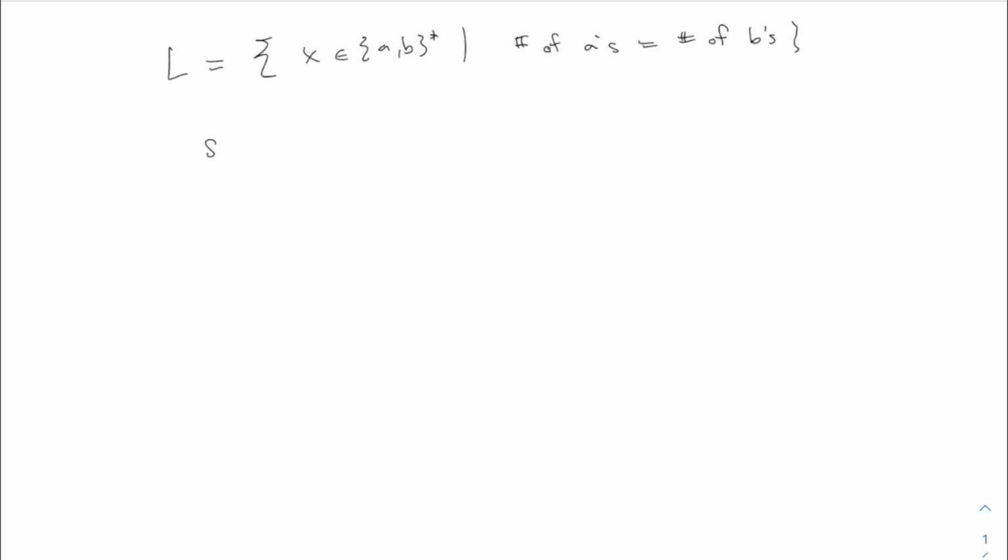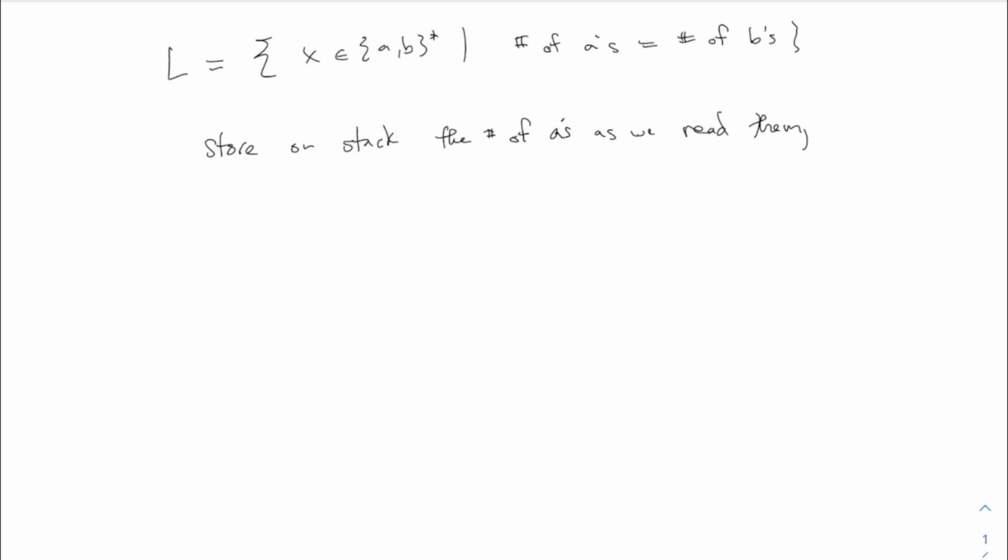So store on the stack the number of a's as we read them. And then as you read a b, you cancel out one of the a's that you stored on the stack. By the time you get to the end, it should all be totally canceled out, and you'll end up with an empty stack, which is what you want.